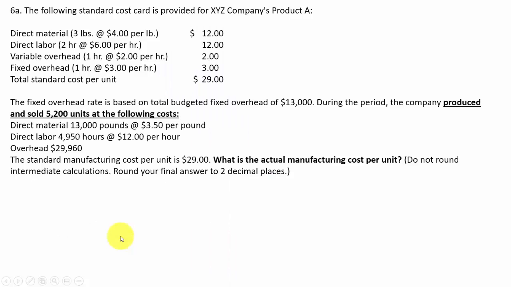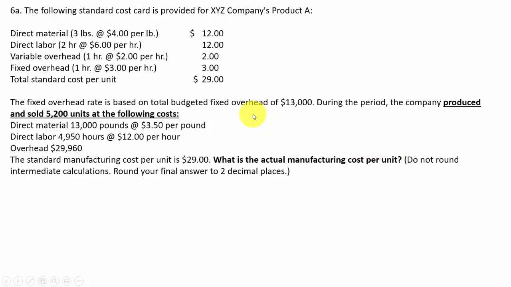Now, this question is a little bit, I won't say misleading, but it's making sure you understand the difference between standard costs and actual cost, and you've got to pick out what is relevant here to solve the problem. So let me just go right to what the problem is asking first of all. The problem wants to know what is the actual manufacturing cost per unit. That's all they want to know, no more, no less.